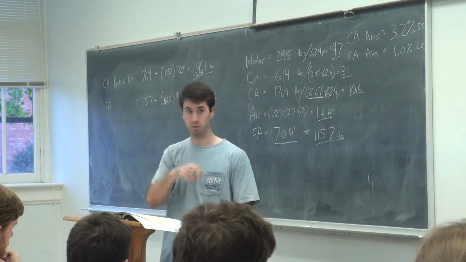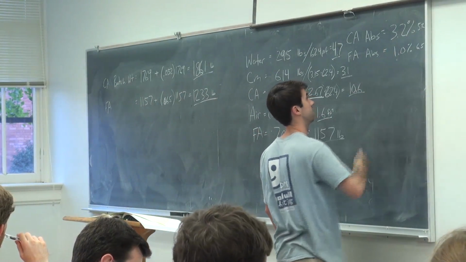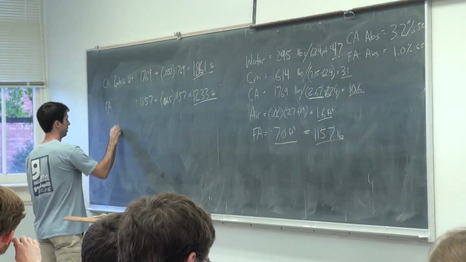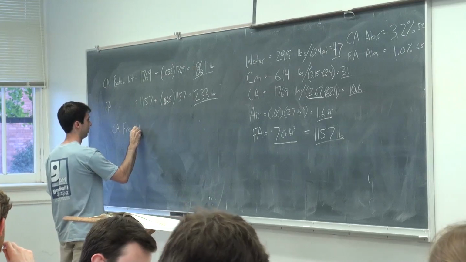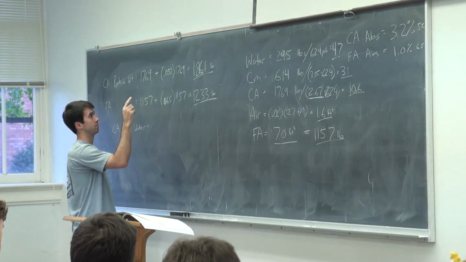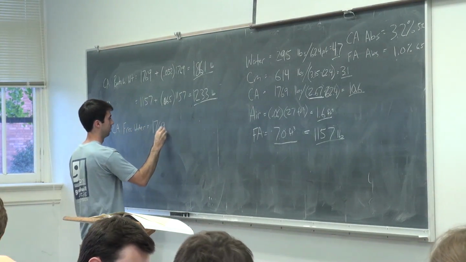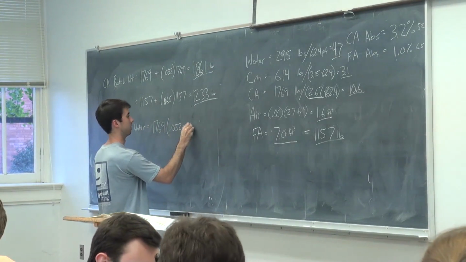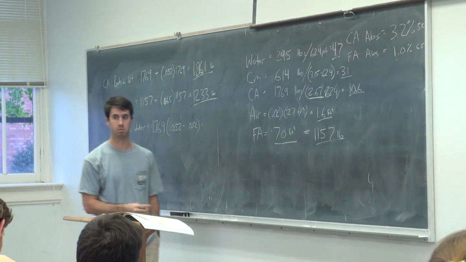So we would just figure out how much water weight is in that difference between 5.2 and 3.2. So for your CA free water, I guess we'll call it, you've got 1769 times 0.052 minus 0.032. So basically 2% of that would be your free water.